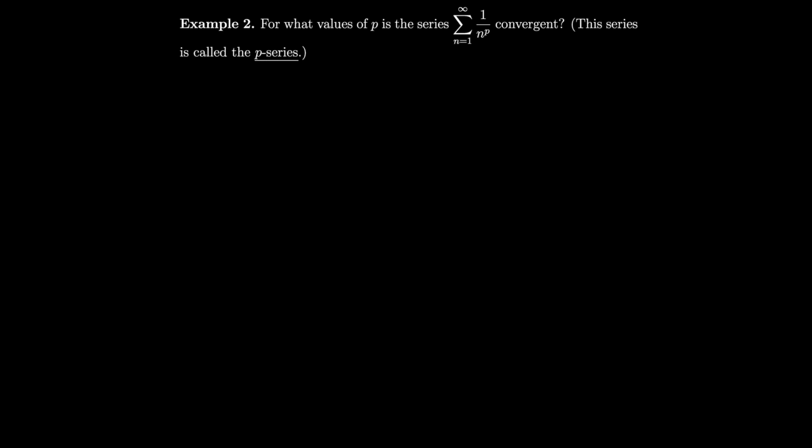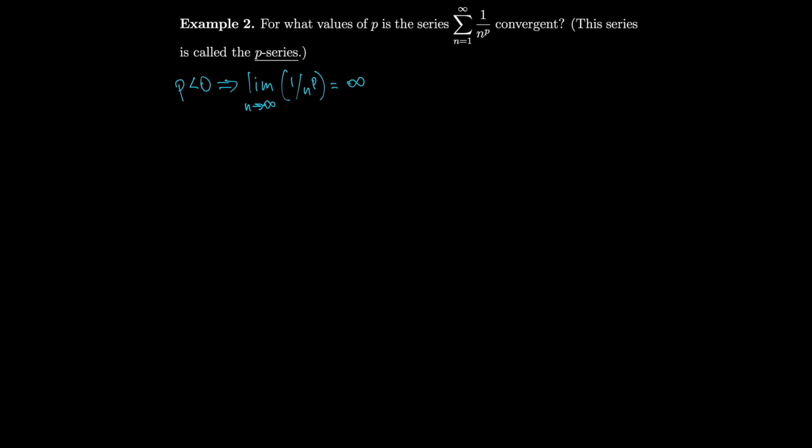Let's see if we can figure out what values of p make the p series convergent. P series is just 1 over n to the p summed up. So let's split it up into different values of p. Notice that if p is negative, then we're looking at the limit of 1 over n to the p, and that's infinity.